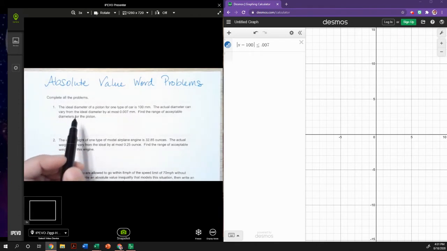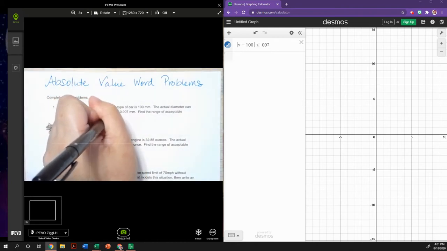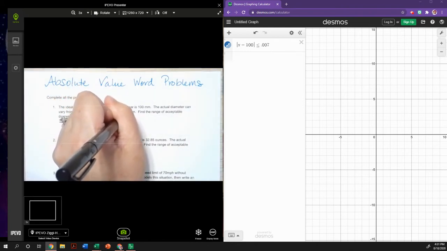All right, so we know that a diameter that is ideal is 100 millimeters. So when we manufacture it, that means we might be off in some ways. So I'm going to say that X is just any diameter.